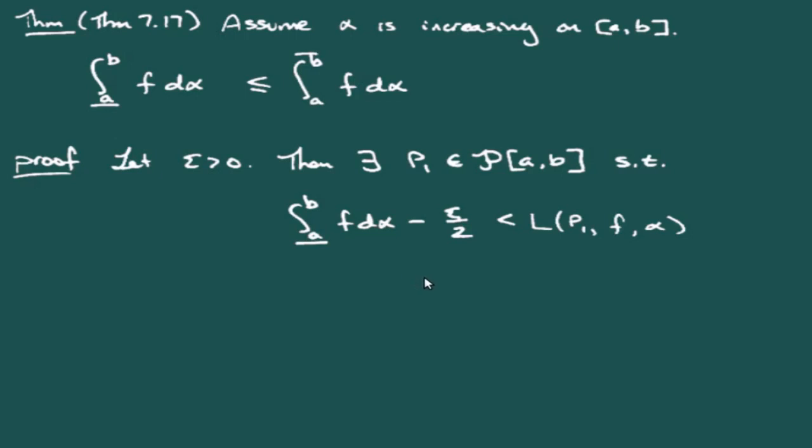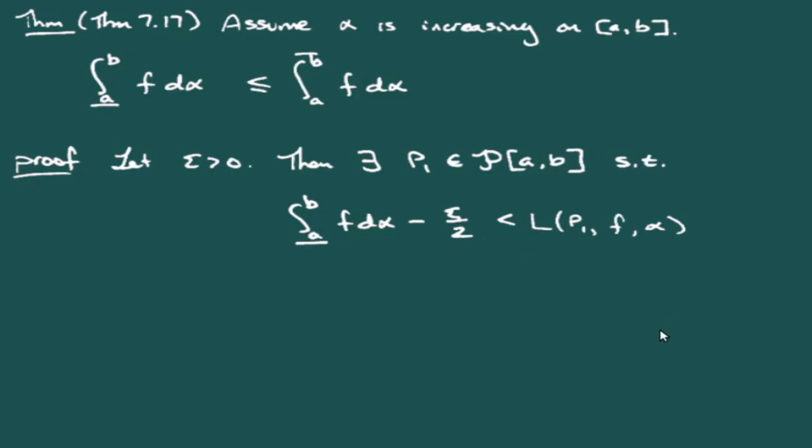So if we subtract a little bit from this upper bound, our lower Riemann Stieltjes integral of f d alpha minus epsilon over 2, then it's no longer an upper bound. So for this partition P1, the lower Stieltjes sum is greater than our lower Riemann Stieltjes integral minus epsilon over 2.